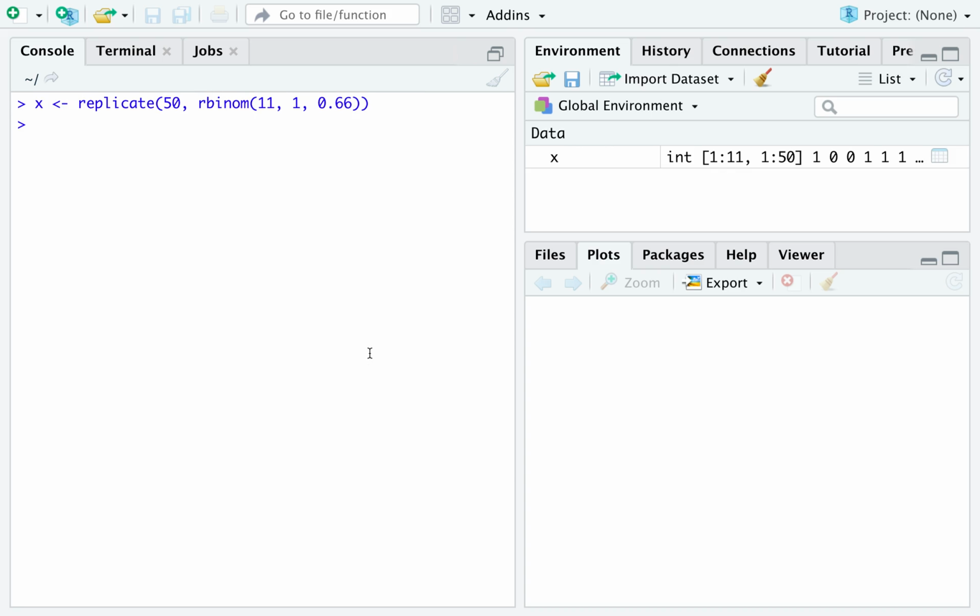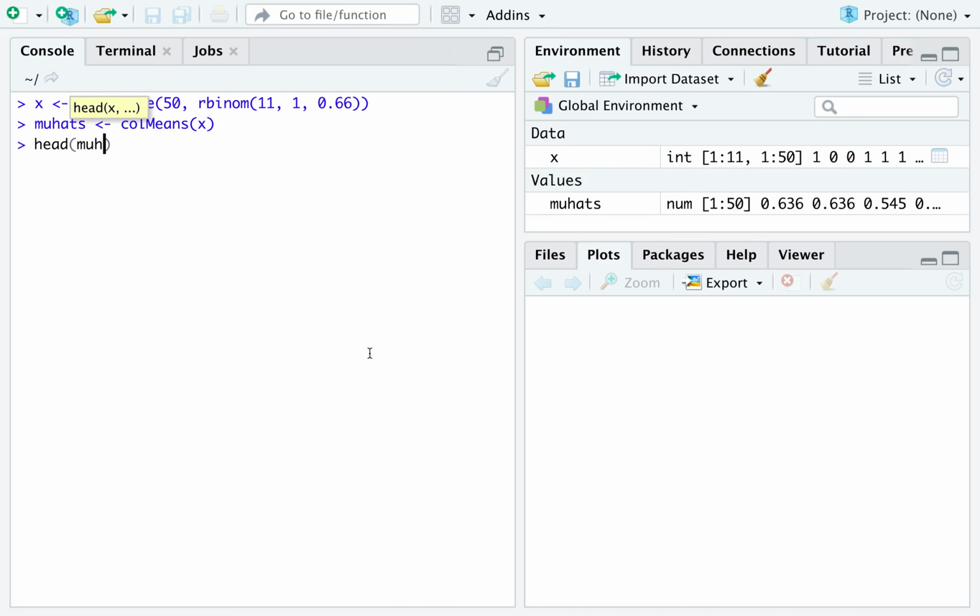Now, if you recall, when I looked at the 11 observations for each friend of ours, I was looking at the columns, which means we could calculate multiple mu hats by taking the column means of that variable x. So mu hats, let's just look at the first 6 of them.